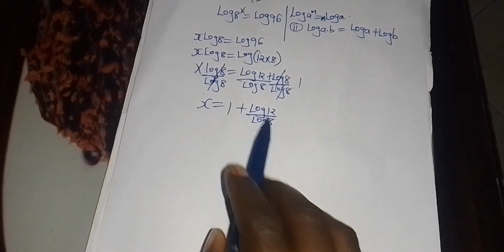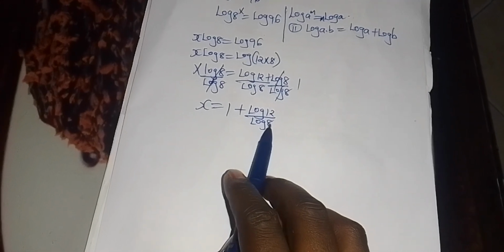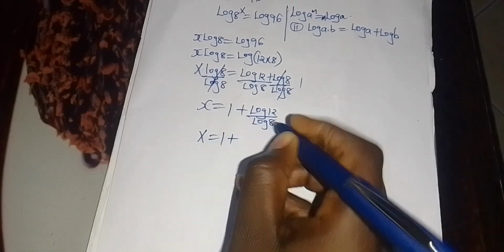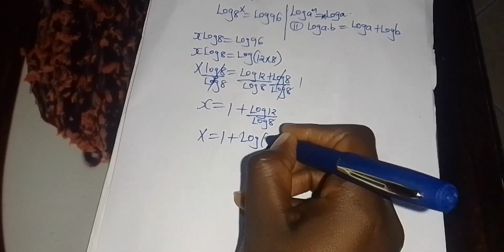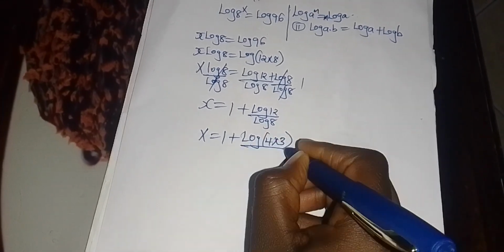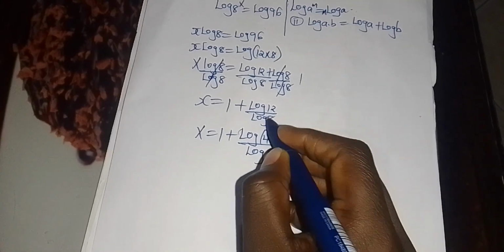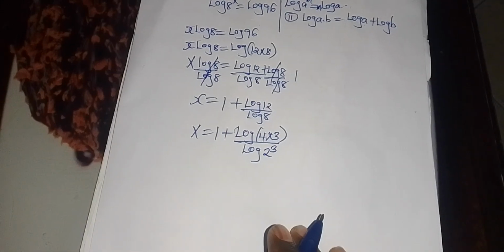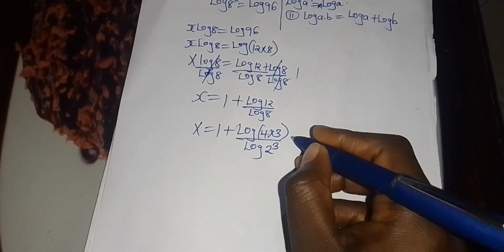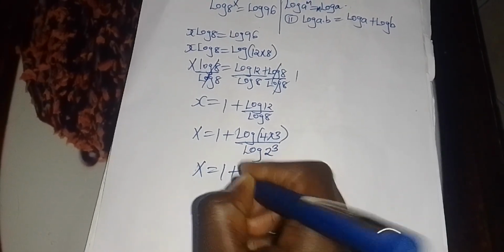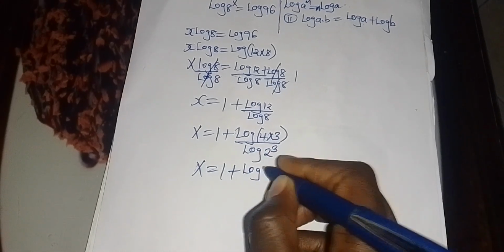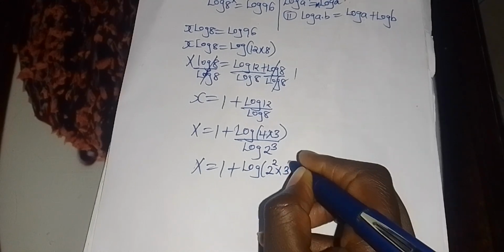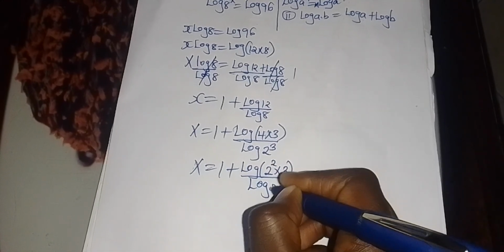Okay, now we can transform this log 12 divided by log 8 further, so that we'll have 1 plus log of 12, which can be expressed as 4 times 3, divided by log 8. Now this 8 we can express with a base of 2 as 2 cubed. So we can transform again: 4 we can express as 2 squared times 3, divided by log 2 cubed.